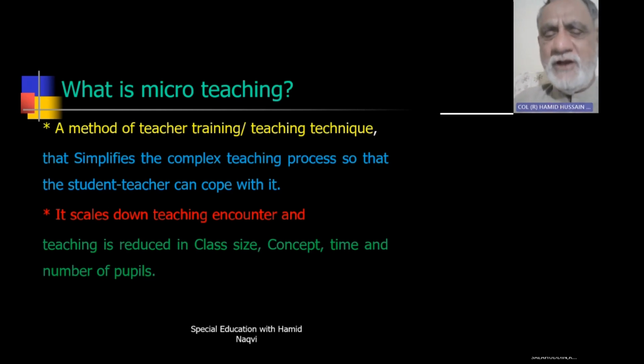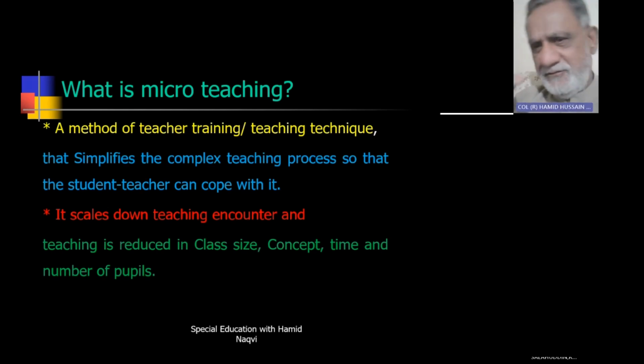What do we do at micro level? Normally, if the class is of 45 minutes, in micro teaching, we say, okay, your topic, content size would be reduced, your time would be reduced, right?